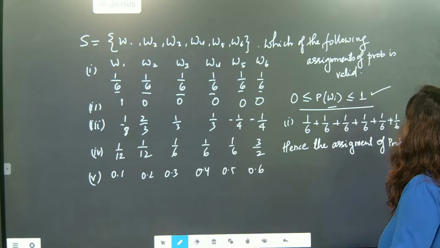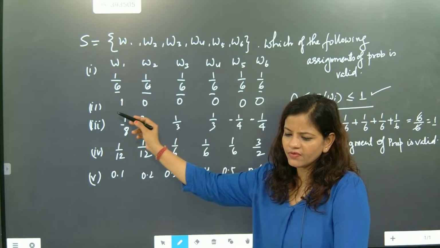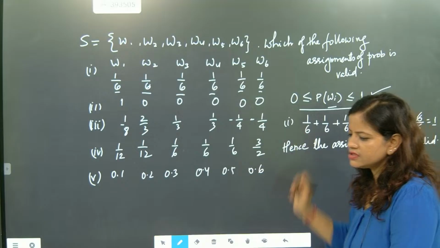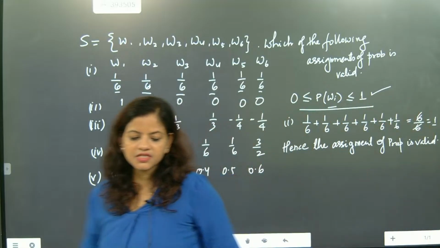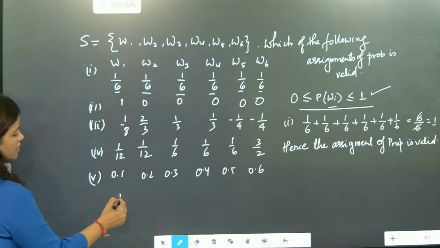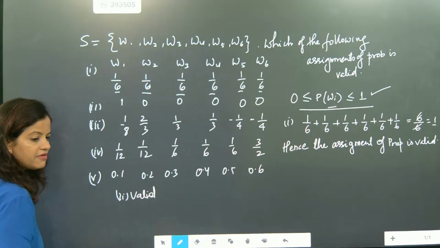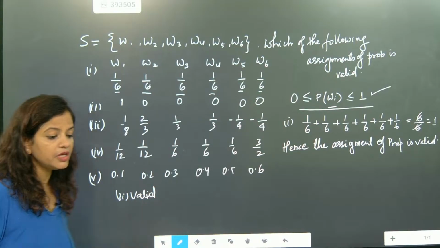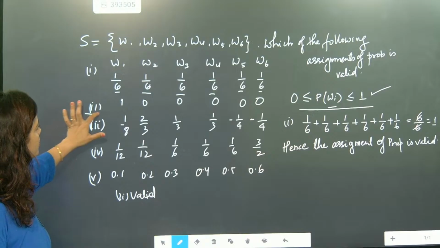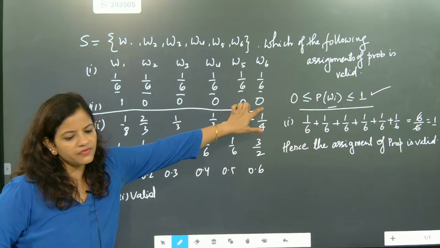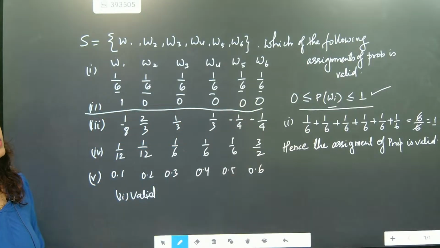Now beta, we have solved the first one. Can you guess the second one, beta? Is the second one valid or not? Just say yes or no. Just type like this: second valid or second invalid. What do you think about the second one? Nishika, is the second one going to be valid?